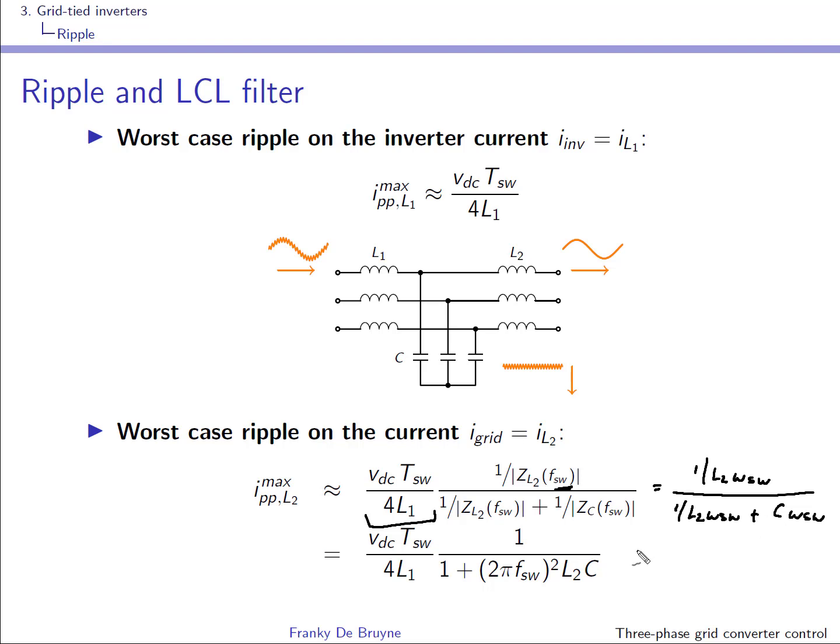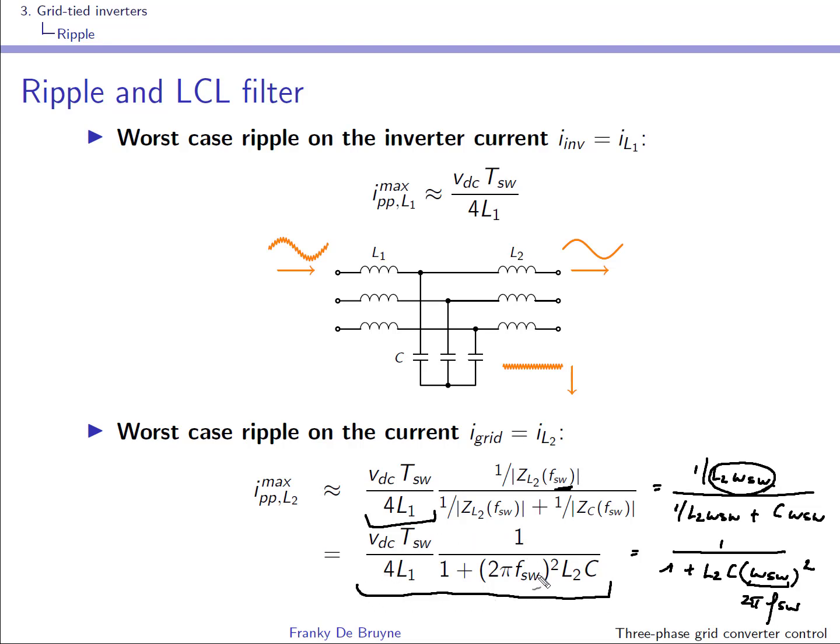So this we can rewrite as a 1. We multiply numerator and denominator by this quantity over here, and so we have 1 over 1 plus L2 C omega switch squared, and you remember that omega switch is 2 pi times the switching frequency, and indeed you obtain this formula.